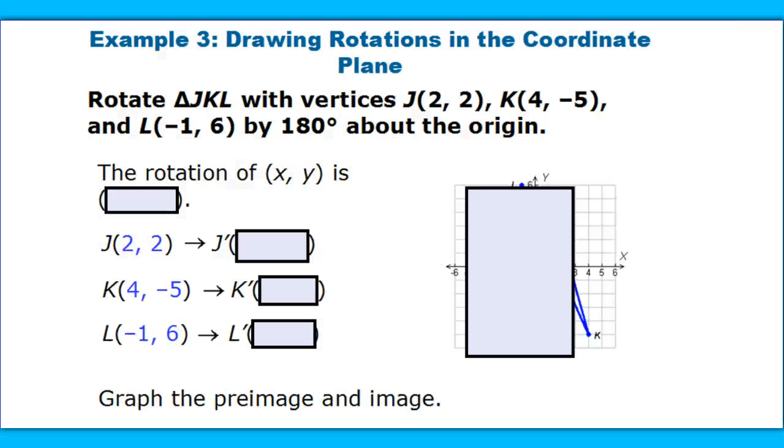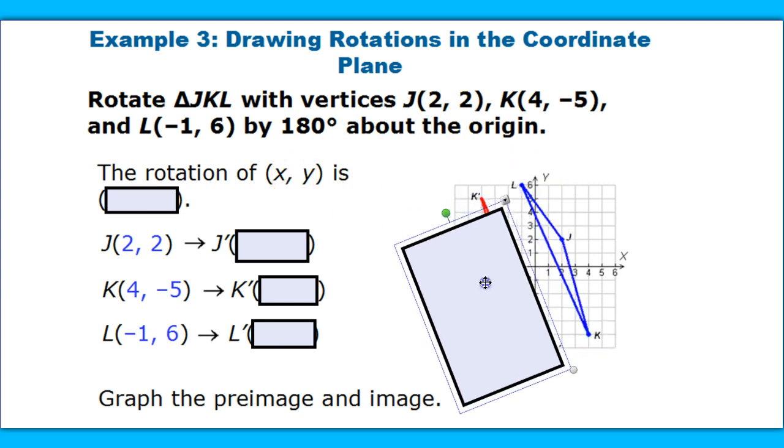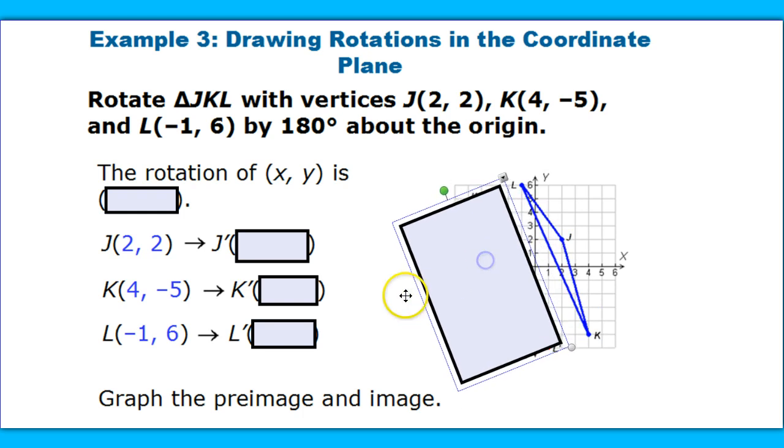But first, let's look at rotating a triangle 180 degrees about the origin. So first, begin with drawing in the triangle given with these three vertices. Okay, and when you do that, you will end up with something like this, right?